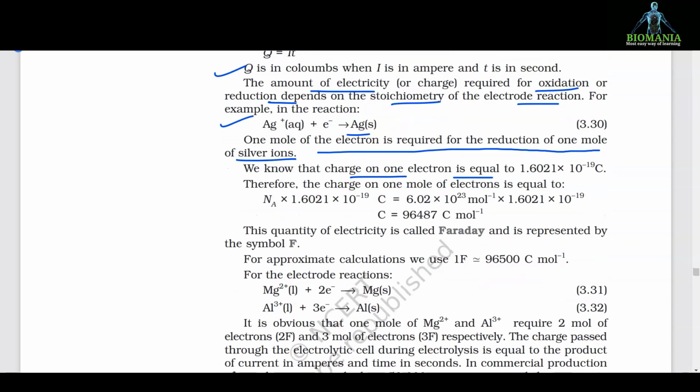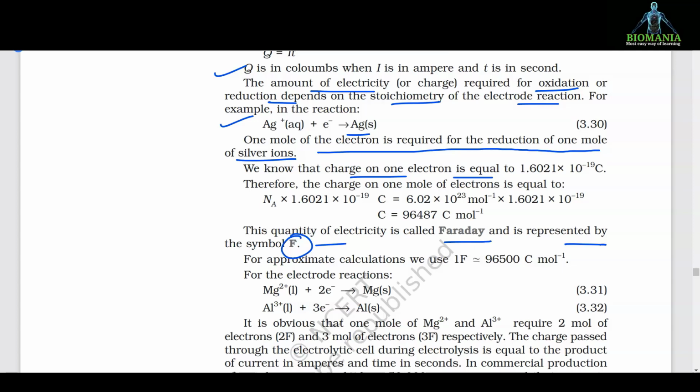So the charge on 1 mole of electrons is equal to 96487 coulomb per mole. This quantity of electricity is called Faraday and is represented by the symbol F. For approximate calculation, we use 1 F approximately equal to 96500 coulomb per mole.